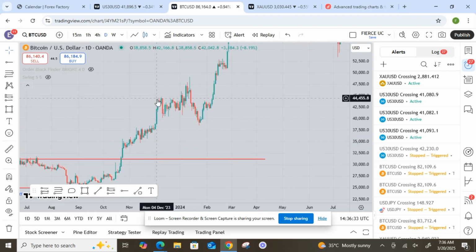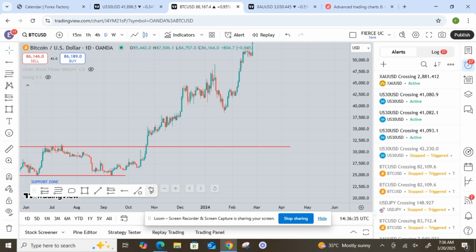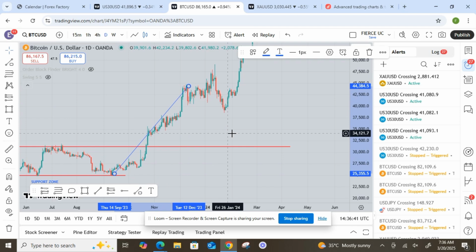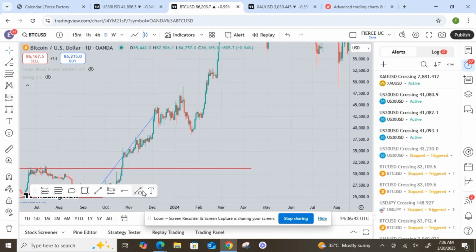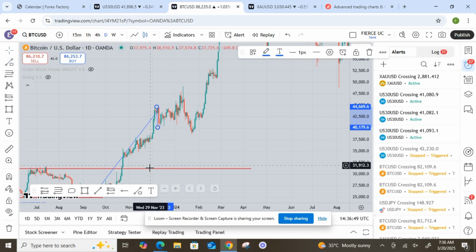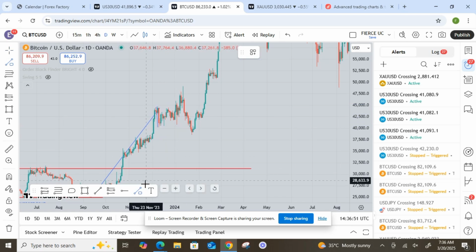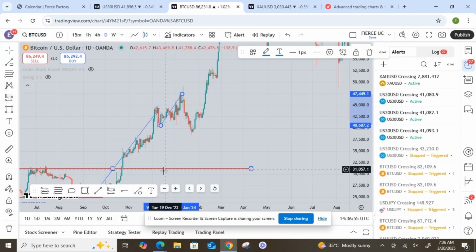So it broke to here, right? It broke to this point, and you retrace again. Then we were waiting for it to come here, right? But it did not come. It's not your fault.